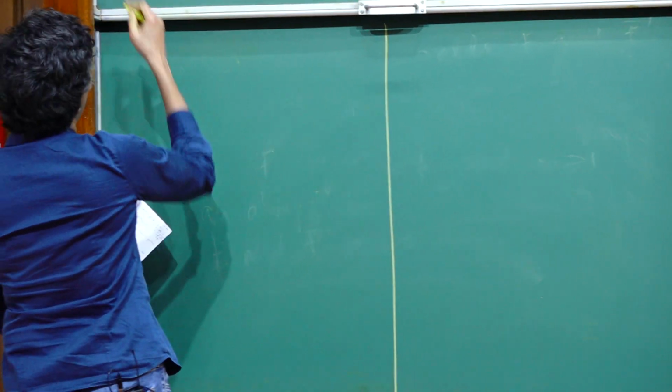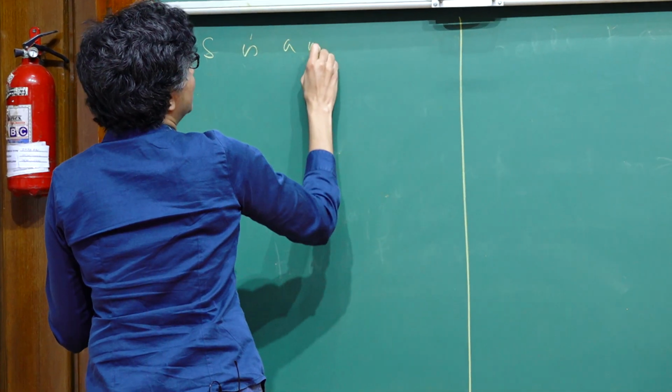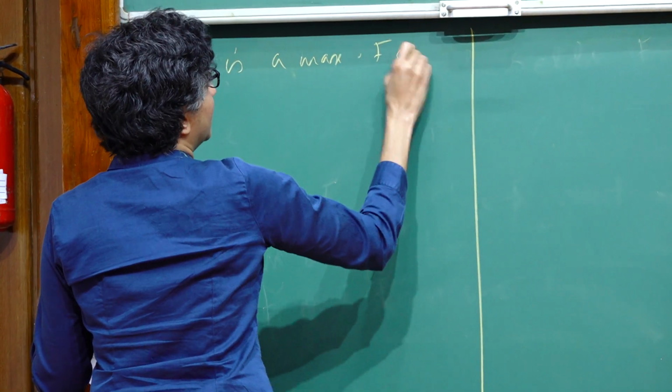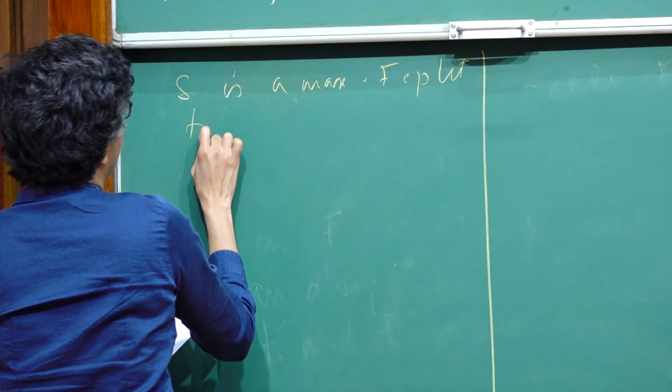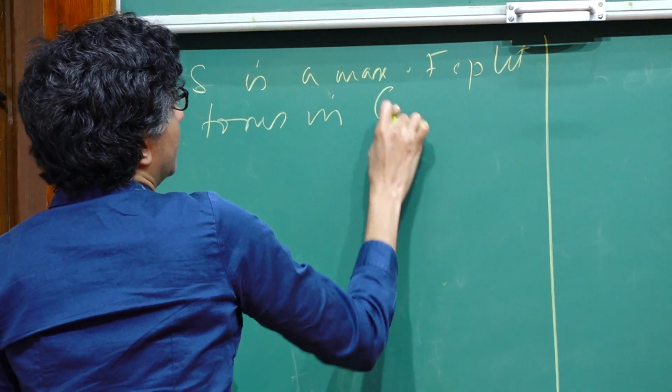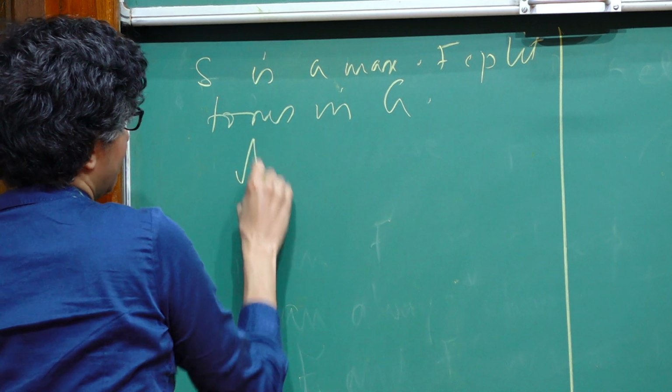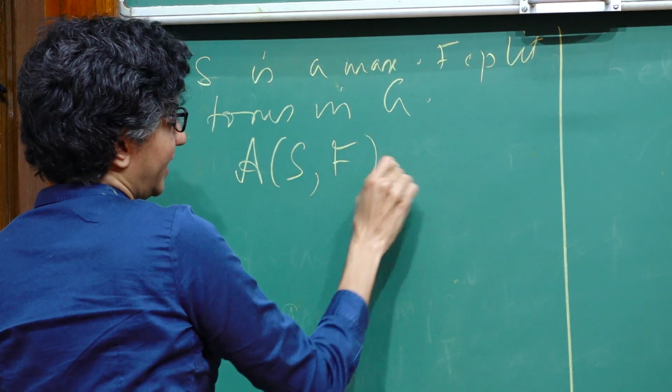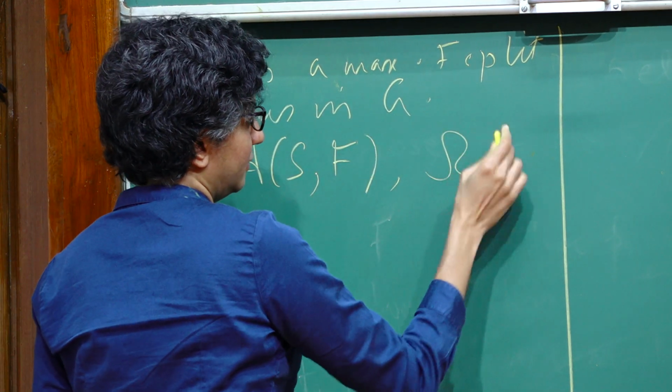And then, let's say S is a maximal F split torus in G. Then you can look at the apartment A of S, F and facets there.